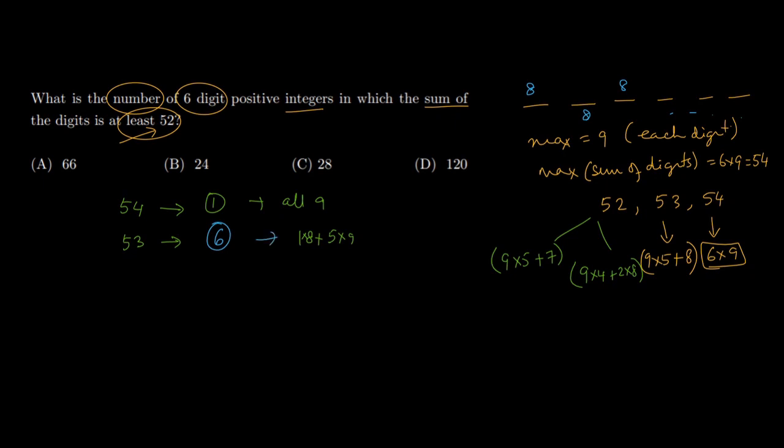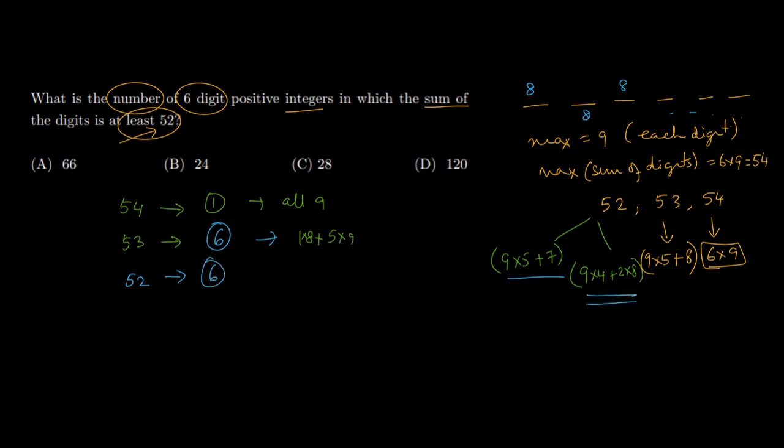And for 52 I will have two possibilities, 5 9s and 1 7. So again the same logic applies. If I have 5 9s and 1 7, there will be 6 possible ways of putting that 7.